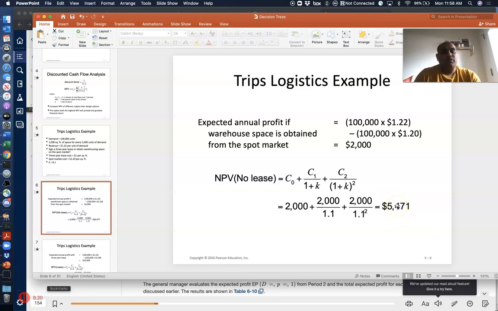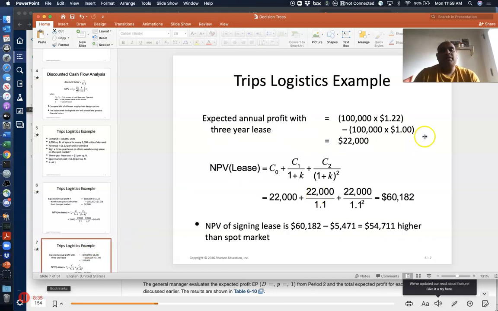That's the expected net present value of the profit based upon buying everything on the spot market. Obviously, if you sign a 3-year lease, this is cheaper. Your demand is 100,000, your revenue is $1.22, and this time you're only paying $1 per unit, so it's 100,000 times $1. This is where you're signing a 3-year lease.